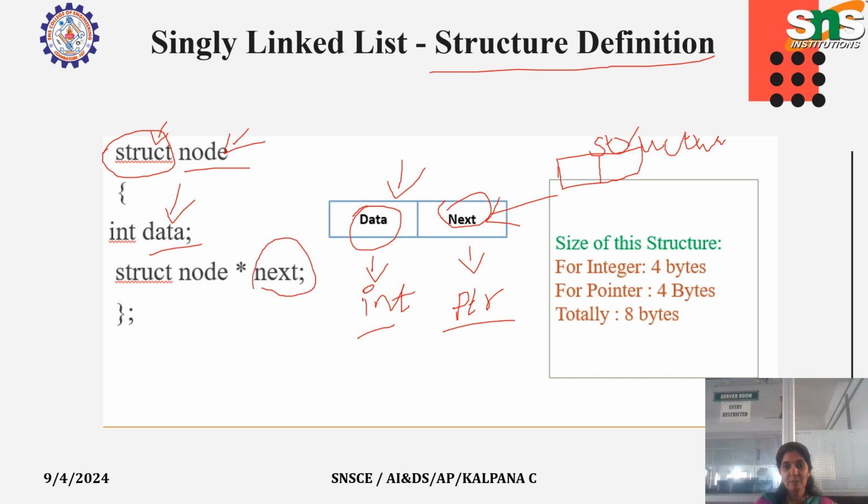This is nothing but a self-referential structure. I am going to have data, and I am going to have an address, and that address is of the same structure type, structure node type. The next node, the second node, also contains two fields, data and next field. For that purpose I am using a self-referential structure, struct node star.